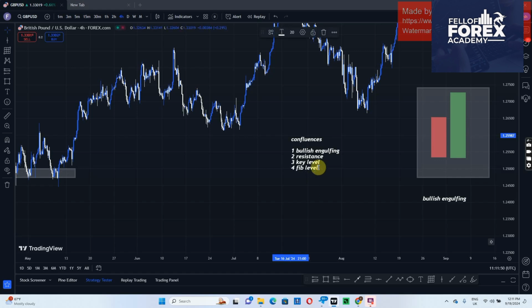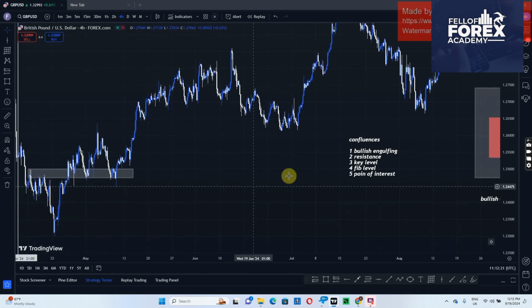So the 5th one is point of interest. Perfect. This is where we end with our confluences. We have point of interest. Okay, these are our 5 confluences.